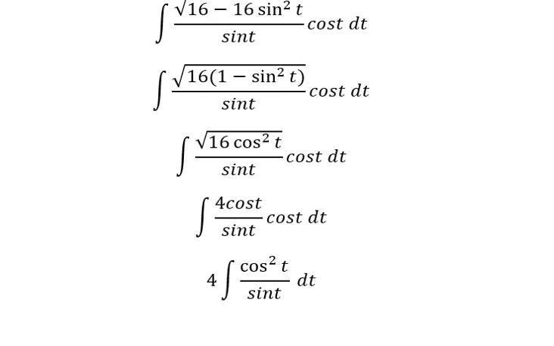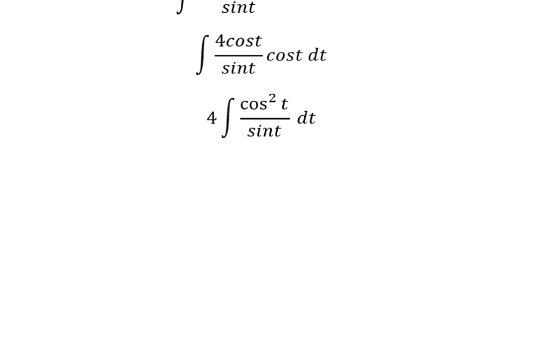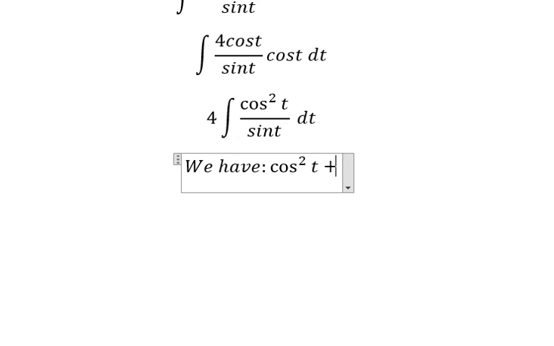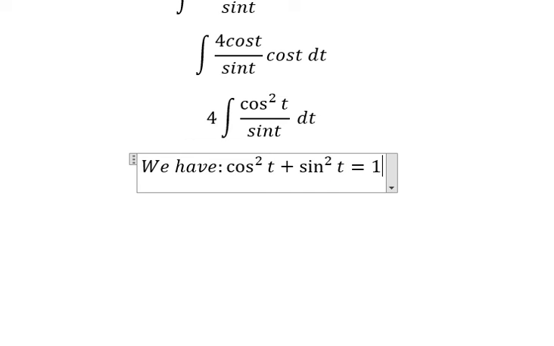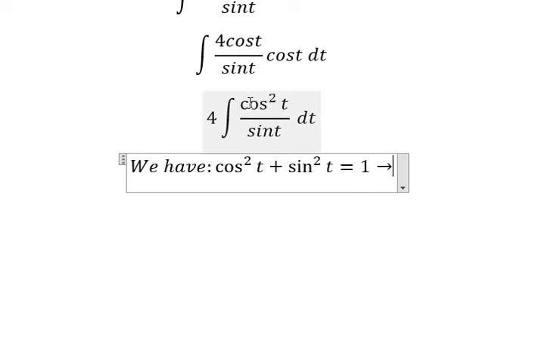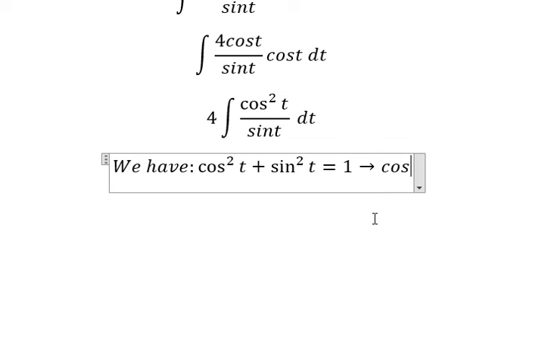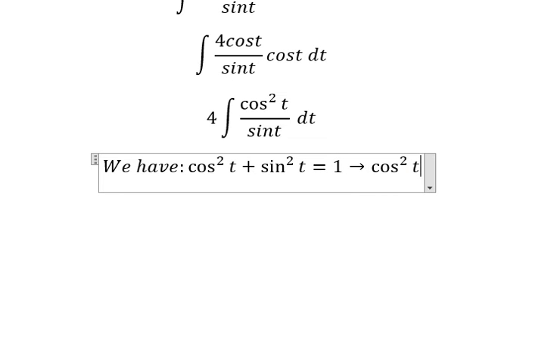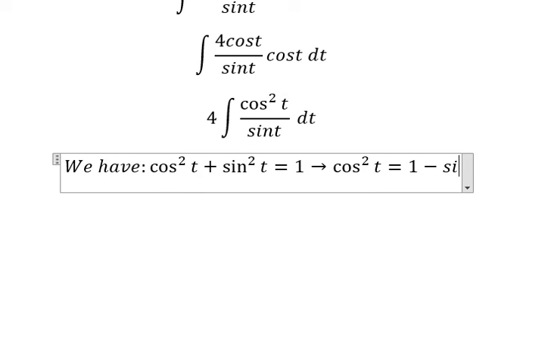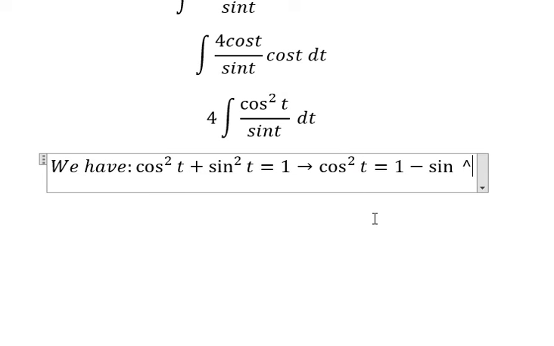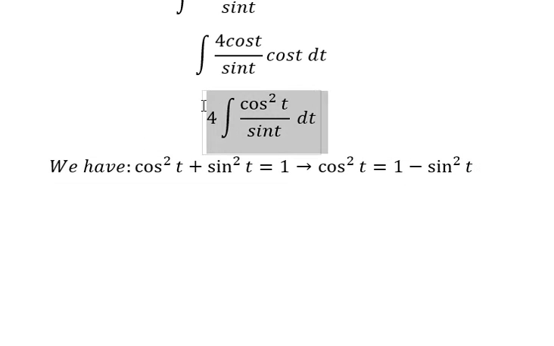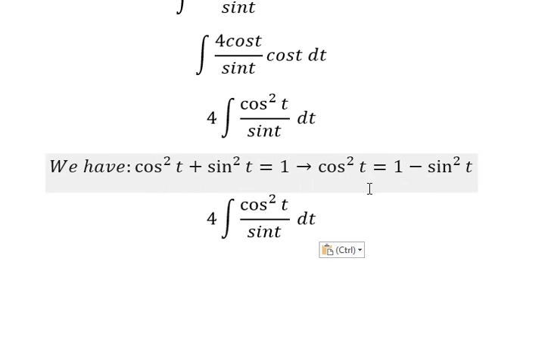Next, we have the formula in here. Because we have cosine t squared, I will put this one to the right. And we get 1 minus sine t squared. So I will put this one in here.